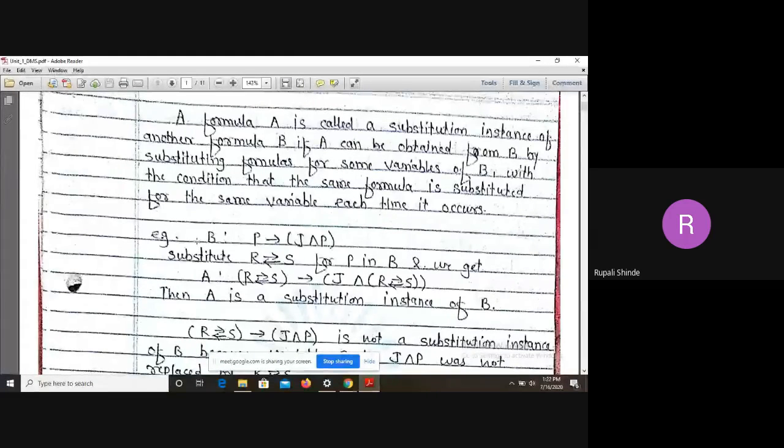So here R conditional S is the substitution for P. Formula A becomes R conditional S, conditional J remains the same, and again this second P should be replaced by the same formula R conditional S. That's why A is called a substitution instance of another formula B. Okay. Are you getting this concept, substitution instance?